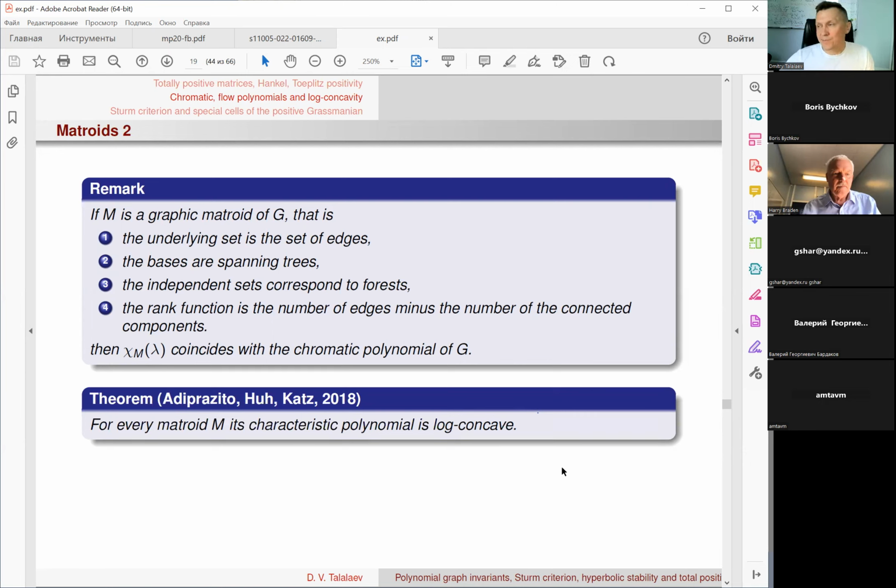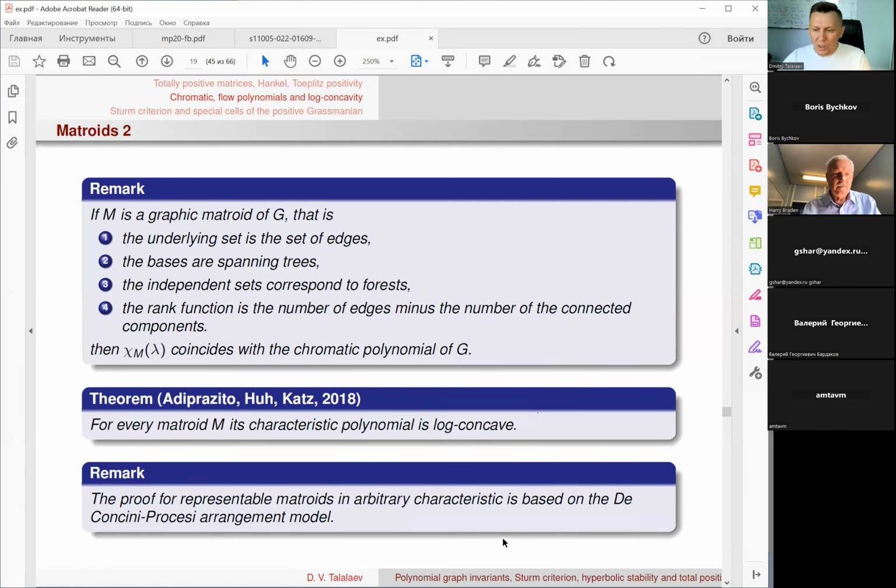This property has a very deep mathematical nature, and the proof of this statement is of very geometrical nature. For example, the proof for representable matroids, which are represented by matrices in vector spaces or modules over fields of arbitrary characteristic, is based on the De Concini-Procesi compactification model.